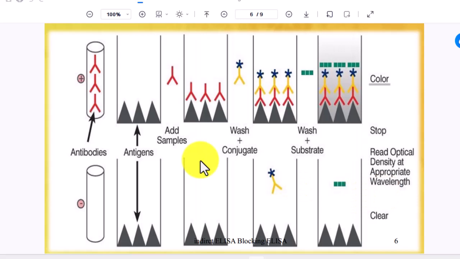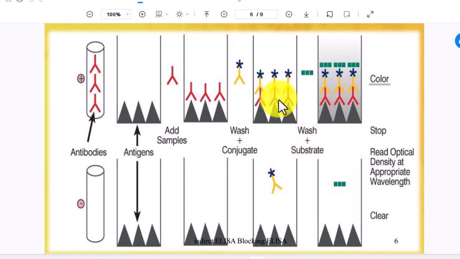Here the plate is coated with antigen. We add the sample, we wash by washer or manually, and add the conjugated antibody with a chromogenic material or enzyme, like horseradish peroxidase.